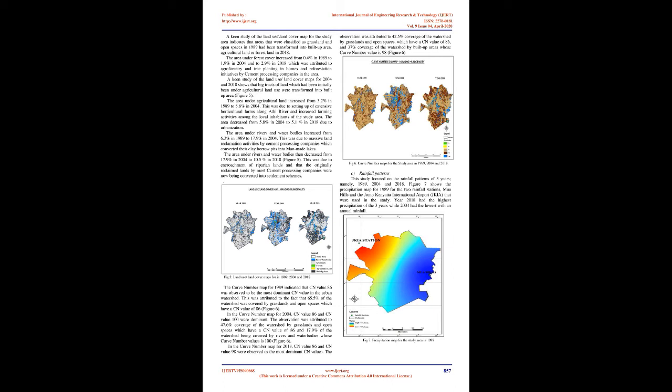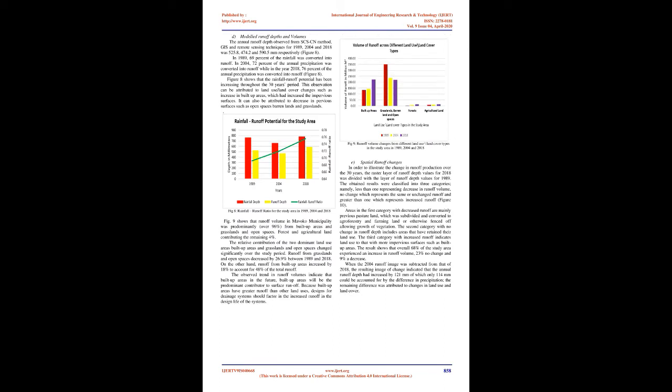This was due to encroachment of riparian lands and that the originally reclaimed lands by most cement processing companies were now being converted into settlement schemes. Fig. 5. Land use / land cover maps for 1989, 2004 and 2018.